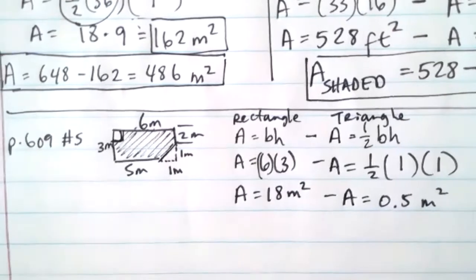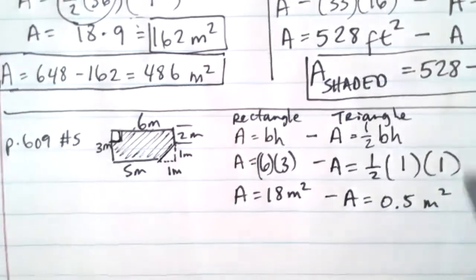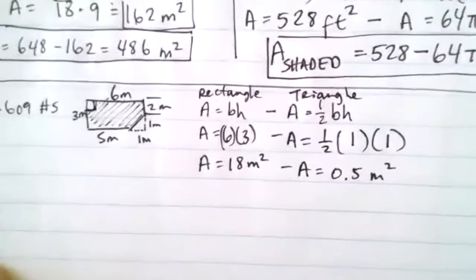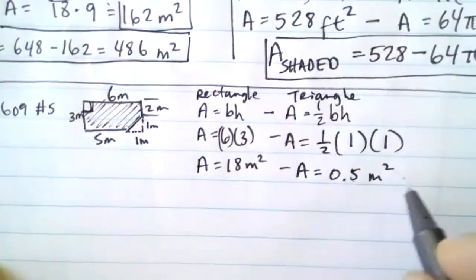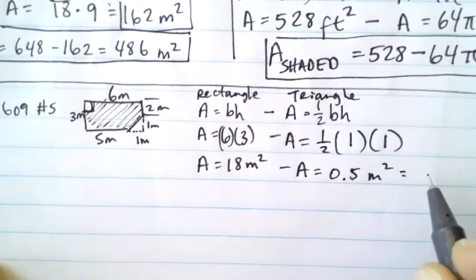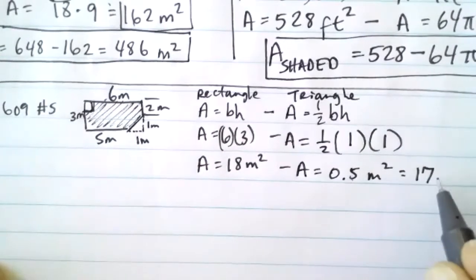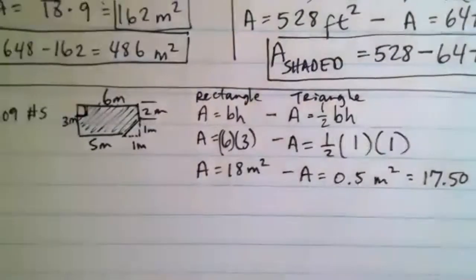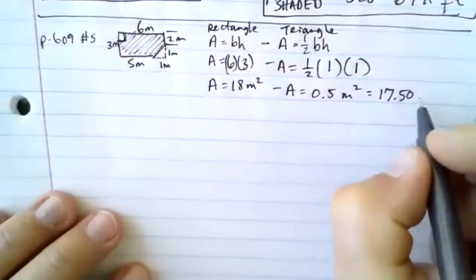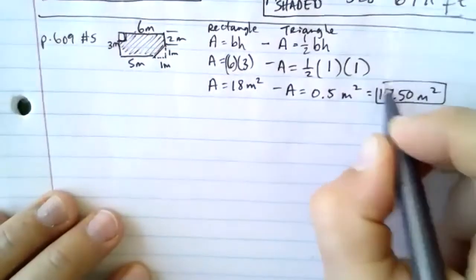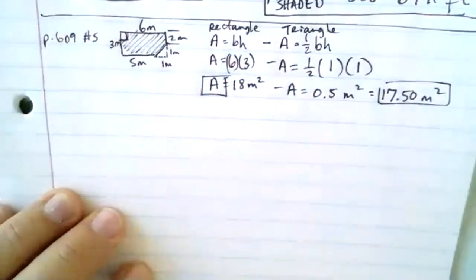It might be best just to put 0.5 here. And so your final answer will be 18 take away 0.5. Well, $18 take away 50 cents is $17.50, right? And then that's going to be meters squared, and that's the area of the shaded region, okay?